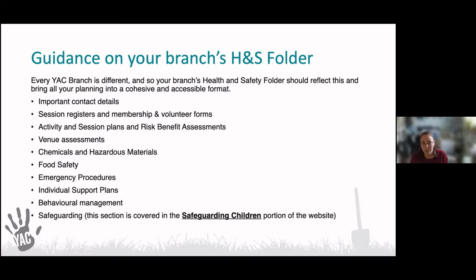You can also put things like your local police station or your local safeguarding board, because every single council in the UK has a safeguarding board. So if you have any concerns, you can contact them. So you can have all of that information in one place so that you're not frantically trying to scroll through someone's phone or whatever during an emergency. If you need that information, it's there for you.